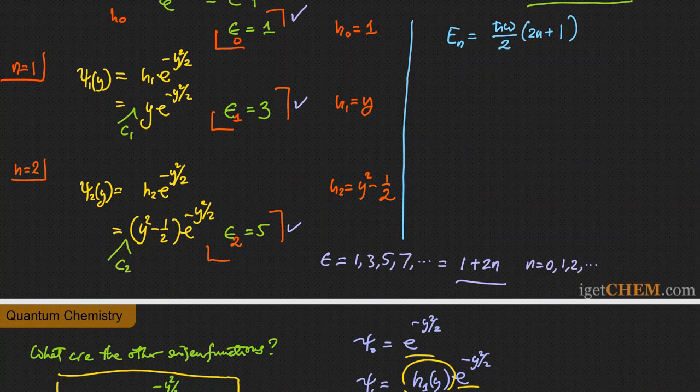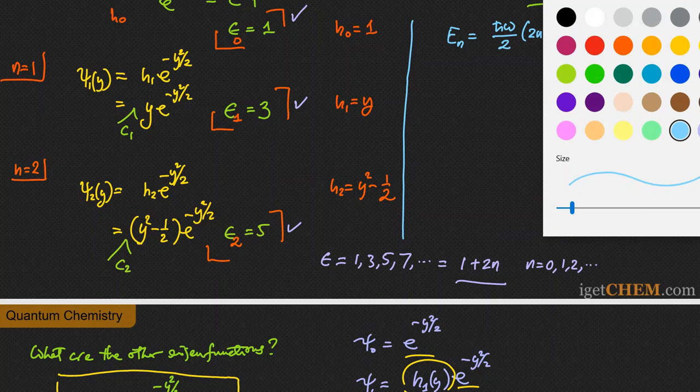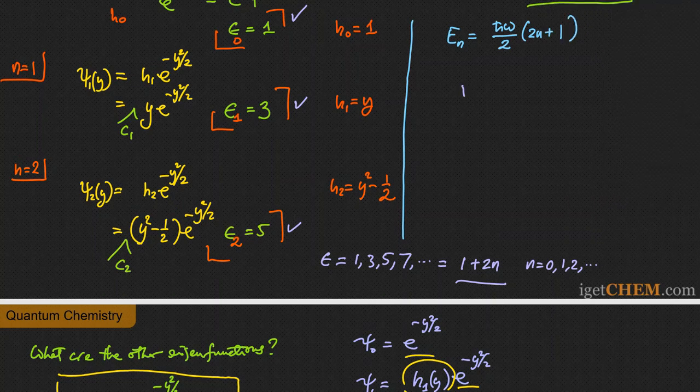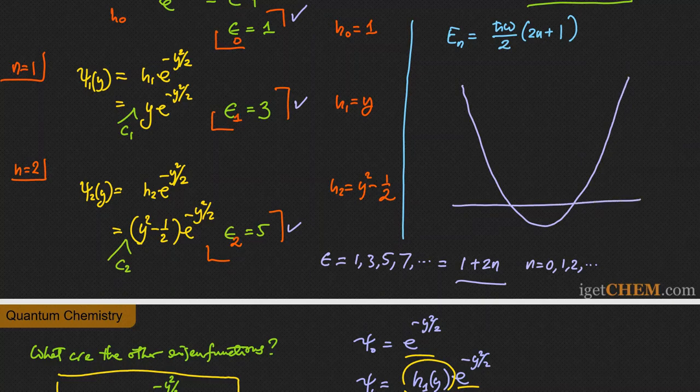If you have the potential energy for the harmonic oscillator, which is represented by this parabola, then the first eigenenergy is h bar omega over 2. The second eigenenergy is h bar omega over 2 times 3.